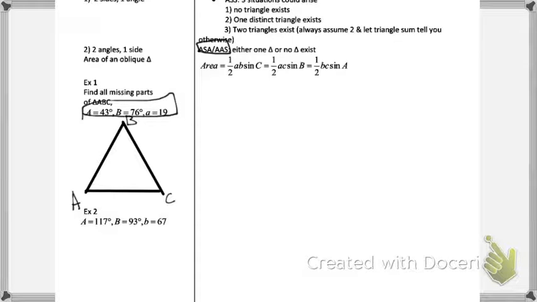This is our given information. Angle A is 43 degrees, angle B is 76 degrees, and side a, which is across from angle A, is 19. So we know this is the angle, angle, side case, so no two triangles exist. But we can use the triangle sum to check if one triangle can exist.